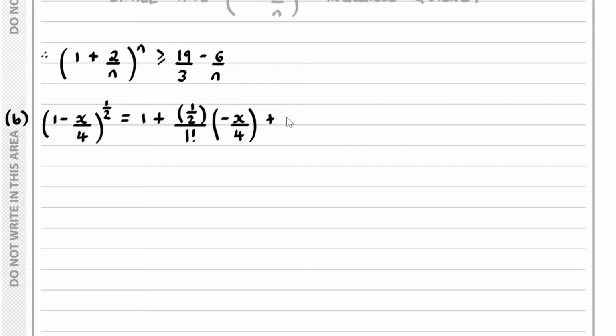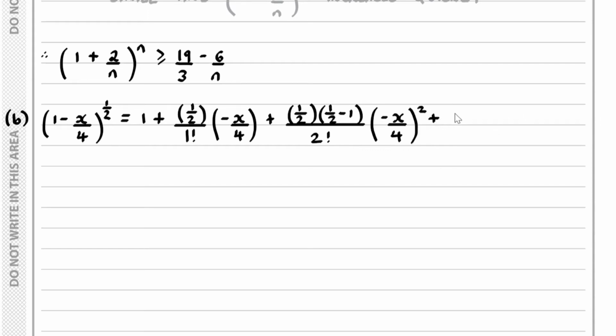And then for our next term, we have 1/2 multiplied by 1/2 subtract 1, and then we divide this by 2 factorial and then multiply this by minus x over 4 squared.